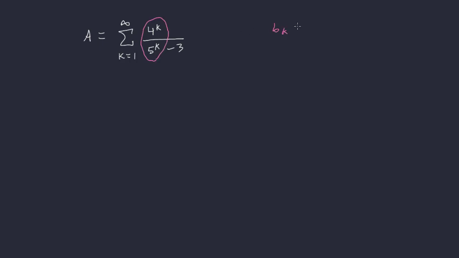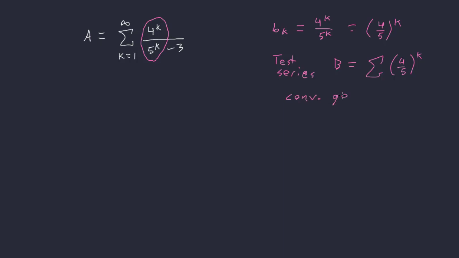So bk, I'll let be 4 to the k over 5 to the k, which is 4/5 to the k. So the test series, capital B, I'm going to let be the series 4/5 to the k, which is a convergent geometric series with r equal to 4/5, which is less than 1.